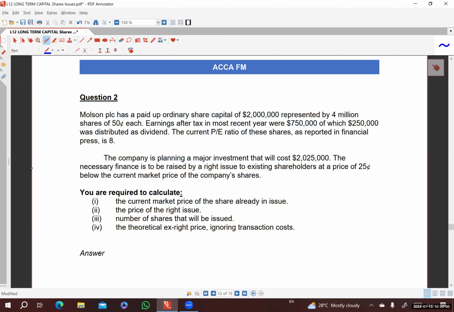Earnings after tax in the most recent year, 750,000, of which 250,000 were distributed as dividend. The current PE ratio of these shares as reported in the press is 8 times. The company is planning a major investment that will cost 2,025,000. The necessary finance is to be raised by right issue to existing shareholders at a price of 25 cents below current market price.